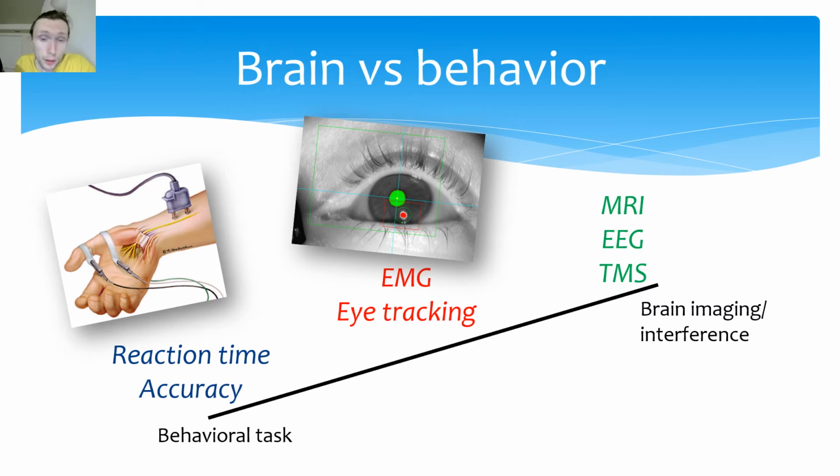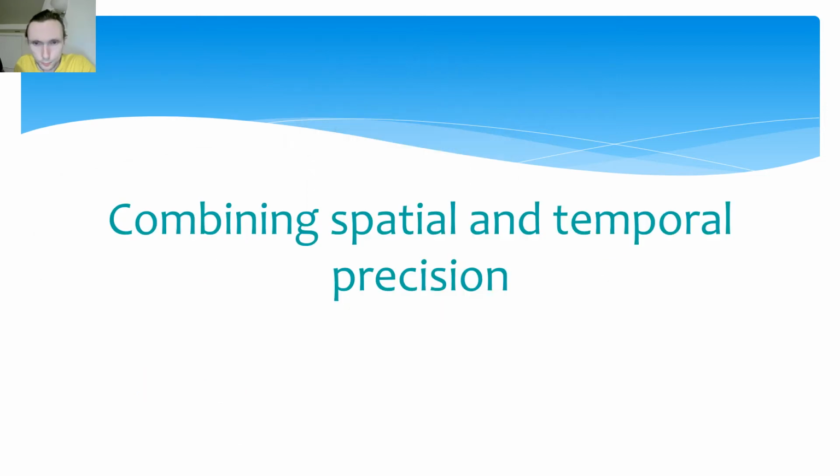But to be fair, combining those with those other methods is relatively easy. It's relatively straightforward. You don't need to take anything into consideration. You just have to have the machine and measure it. So I won't be talking about it more in this lecture. I really want to focus on combining those three methods here: MRI, EEG, and TMS.